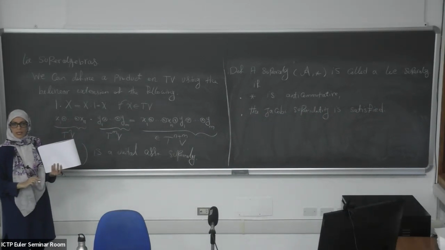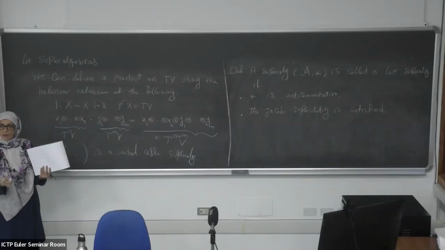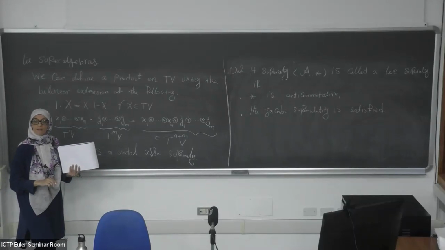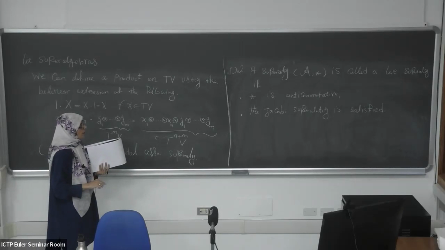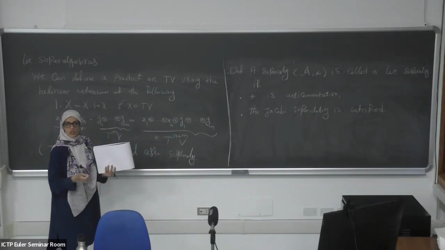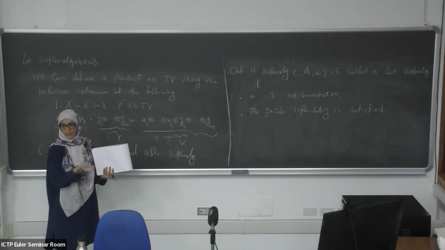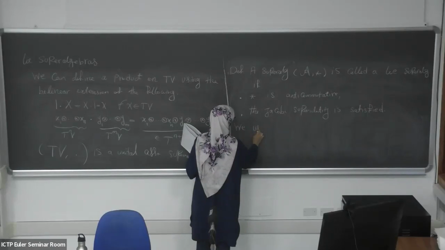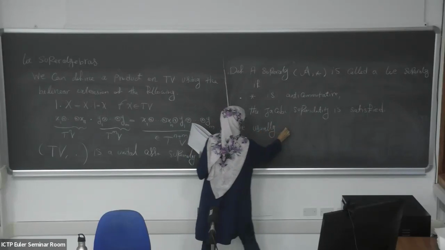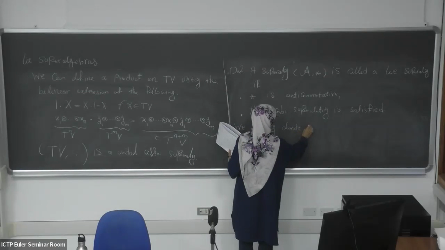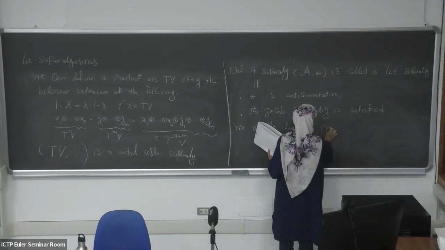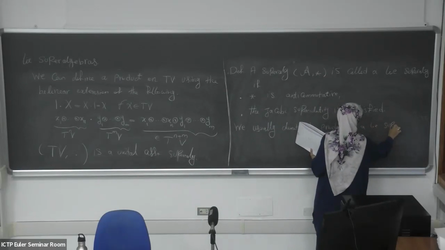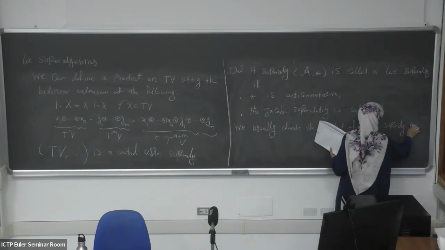Okay? If the product is anti-commutative and the Jacobi superidentity is satisfied, we say that we have a Lie superalgebra. And it is usual to use a bracket instead of a star when we are talking about a Lie superalgebra. So we usually denote the product of a Lie superalgebra by brackets.